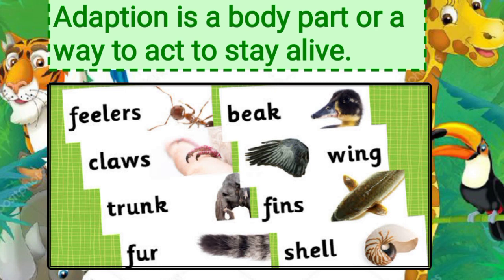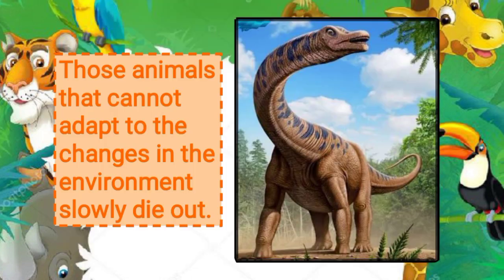So this diversity in appearance and behavior is caused by animal adaptation. Like plants, animals have also developed certain features which help them to survive in the environment, and those animals that cannot adapt to the changes in their environment slowly die out. For example, dinosaurs.